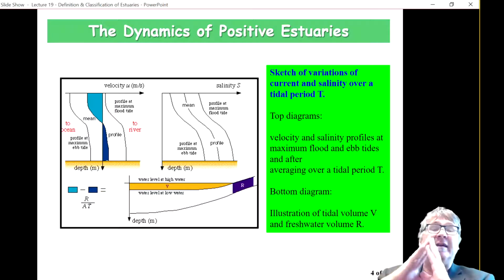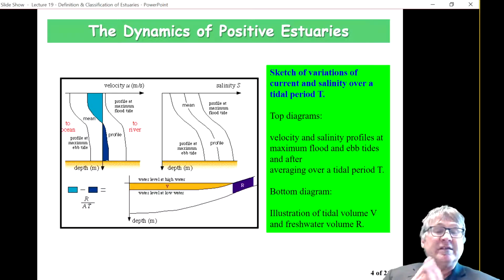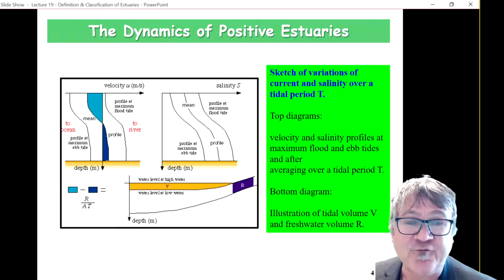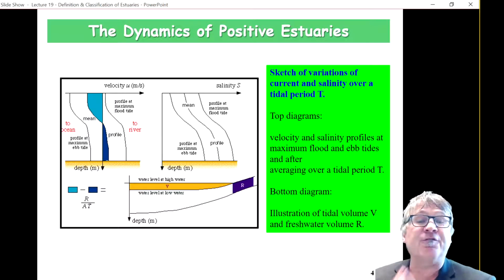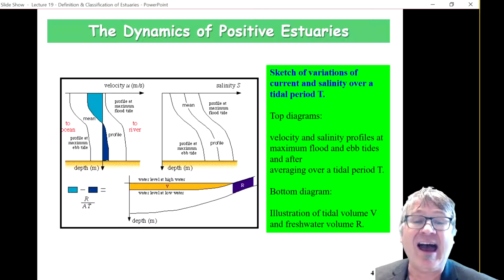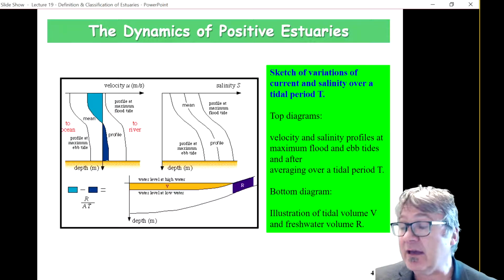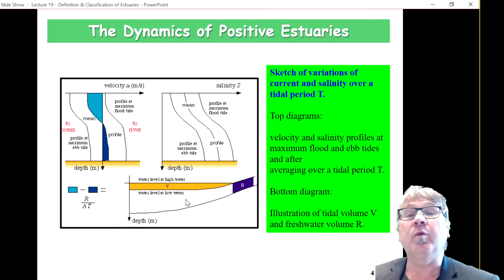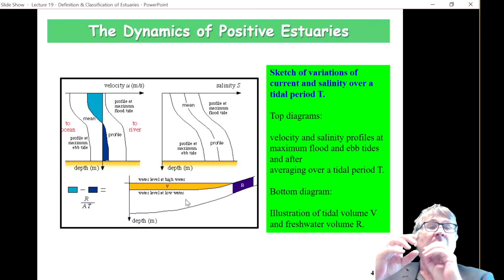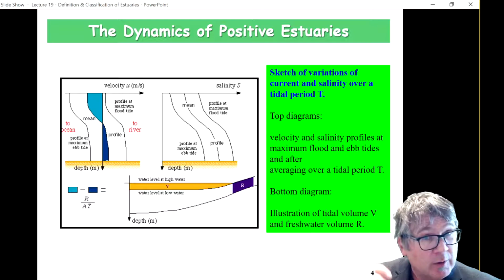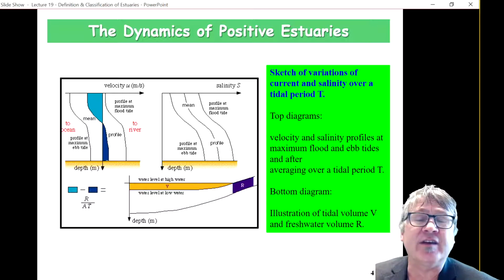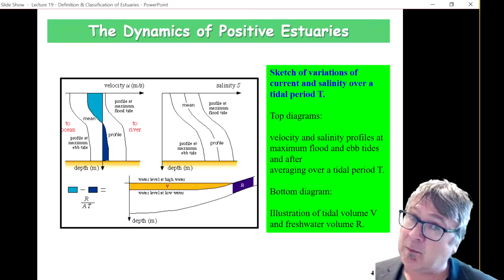Now let me introduce you to something that we call the tidal volume, V, and the freshwater volume, R. This is shown here in the bottom sketch. We want to estimate how strong the tidal currents are without doing much measurement.